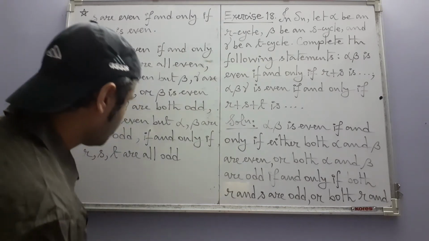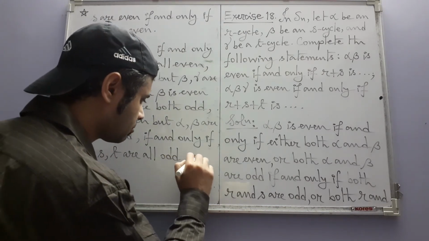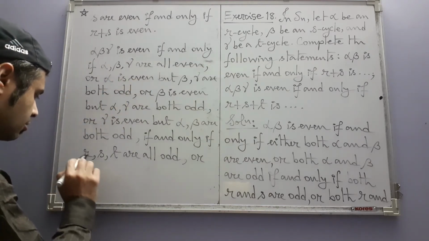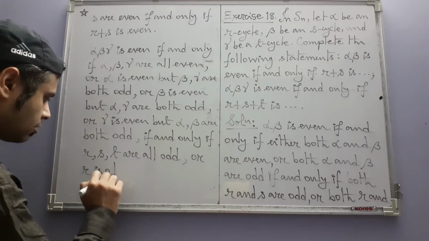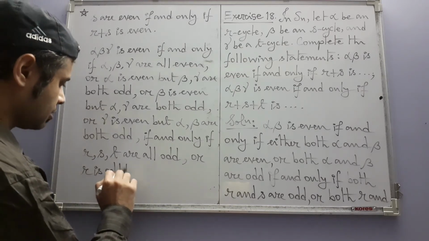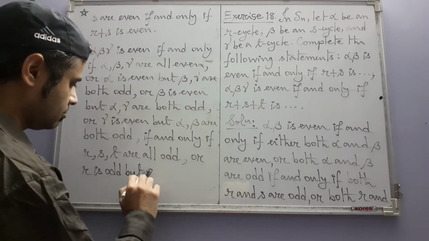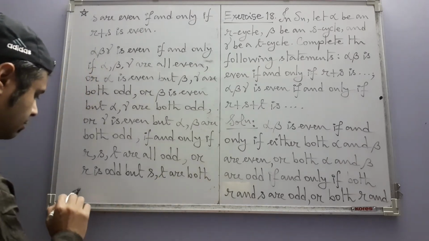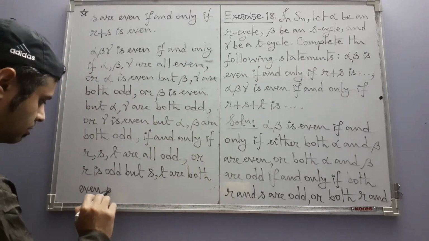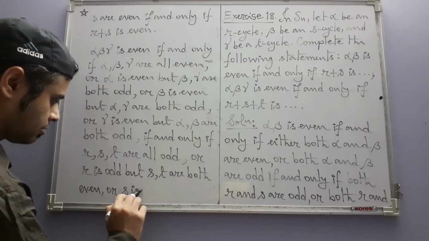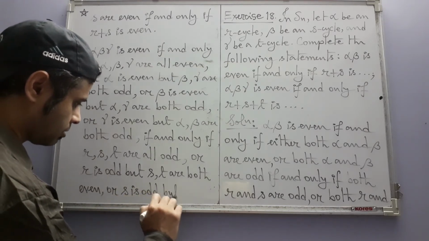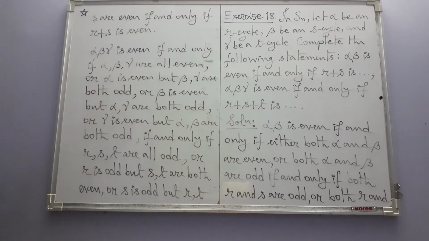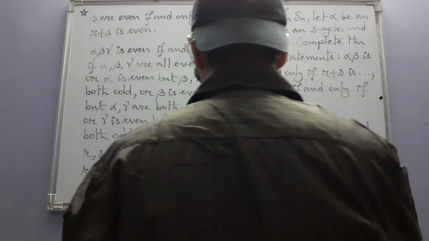So if these are all odd, or, okay, alpha is even means r is odd but s and t are both even, or s is odd but r and t are both even.